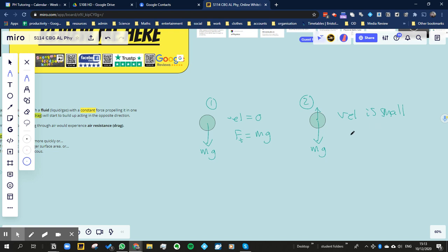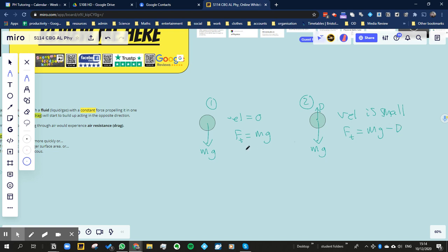Velocity is small, and we're going to call this resistive force D for drag. So now the total force is mg minus D.